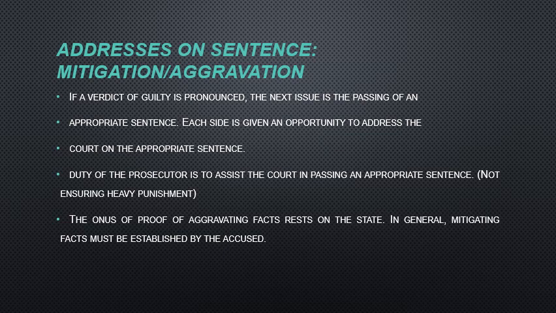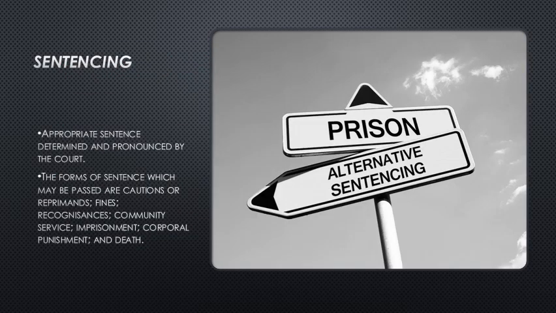So the onus of proof of aggravating facts rests on the state, but in general, the state may also come in and adduce evidence to mitigate or to lower the sentence, because, like I said before, the role of the state is not to give a very harsh sentence to the accused, but to just ensure that justice has been served, to administer justice.